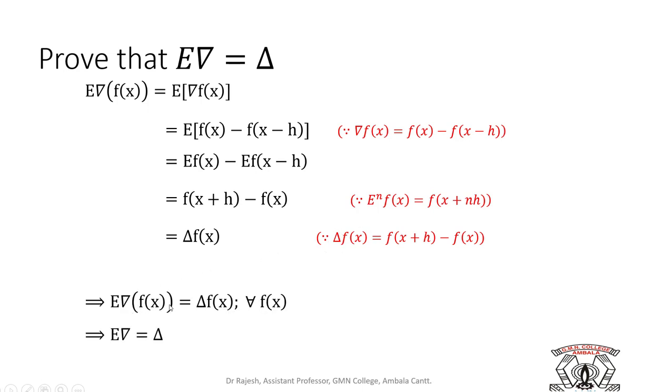So this thing is equal to this, holding for all f of x. Hence this is what we call an identity: E del is equal to delta. This is important from the examination point of view.